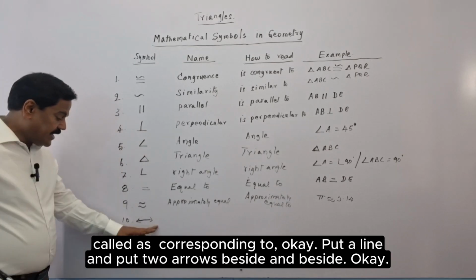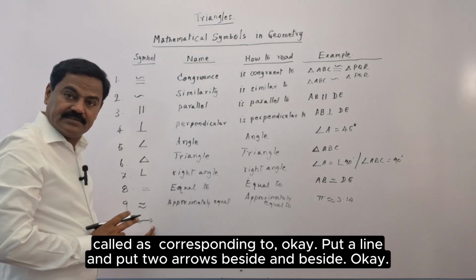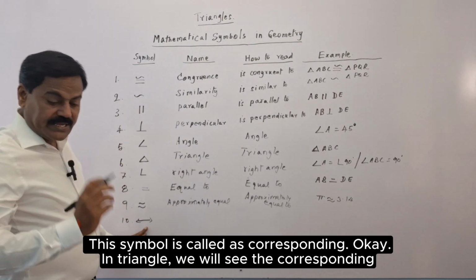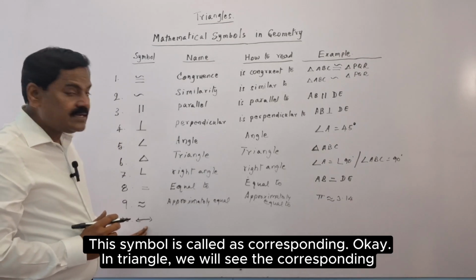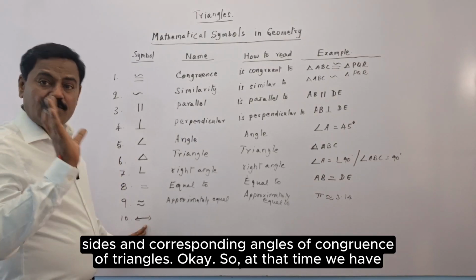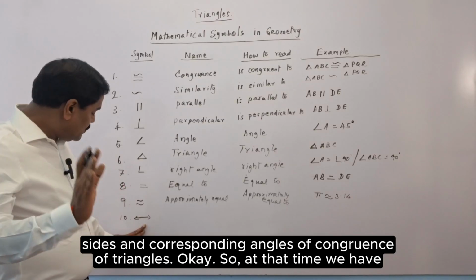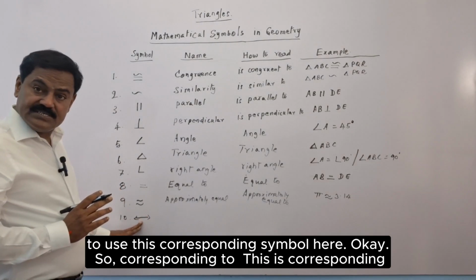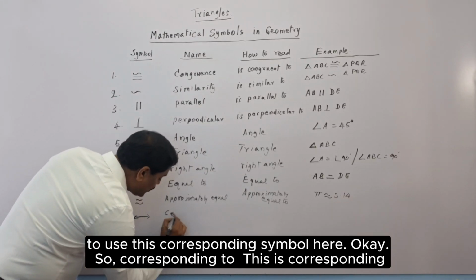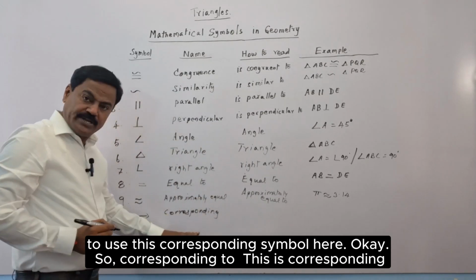Put a line and put two arrows, this side and this side. This symbol is called corresponding. In triangles we will see the corresponding sides and corresponding angles in congruence of triangles. At that time we have to use this corresponding symbol. This is the corresponding symbol.